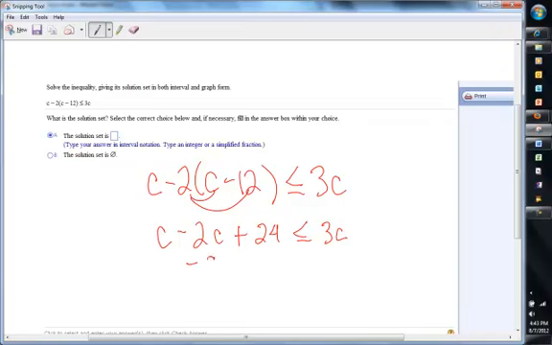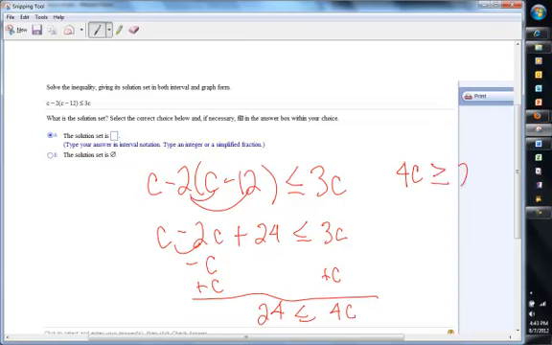We have negative c. If you combine these two, you get negative c. So let's add c to both sides. So we have 24 is less than or equal to 4c. Let's switch it around. 4c is greater than or equal to 24. Divide both sides by 4.